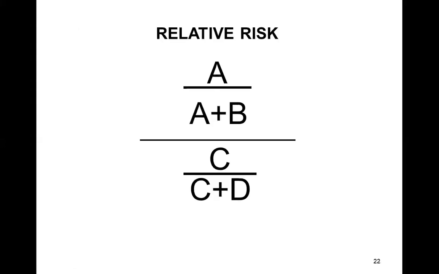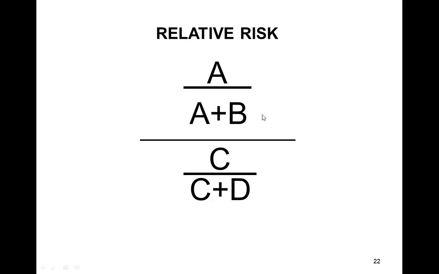Judy, can I ask a question? Sure. On relative risk, A over A plus B, what is A plus B? A is exposed and has the condition, divided by exposed and has the condition, plus exposed and does not have the condition. Oh, okay.